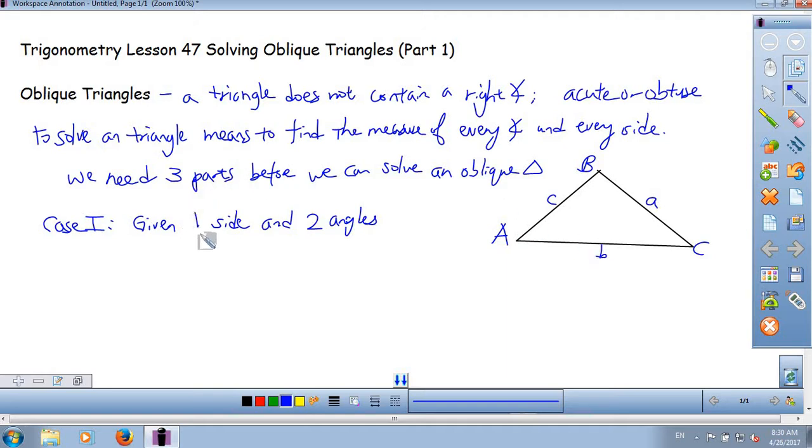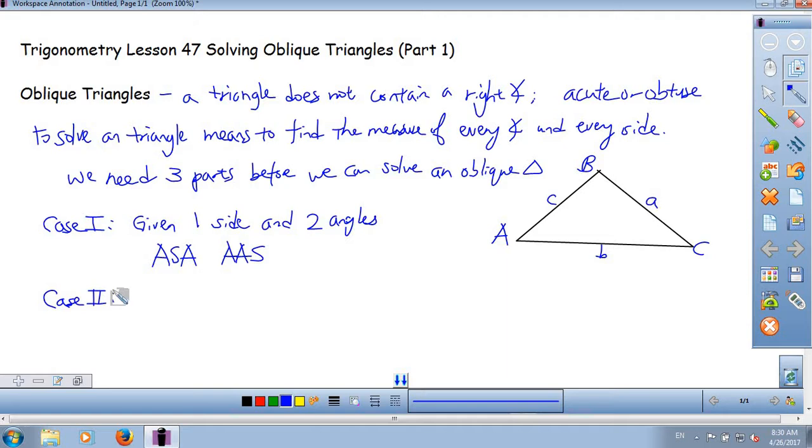So given one side and two angles, there can be two situations: angle, side, angle, where the side is between the two angles, or angle, angle, side, which means the side given is opposite one of the angles. Alright, so given two angles and the side opposite them or in between them, both of those are called case 1.